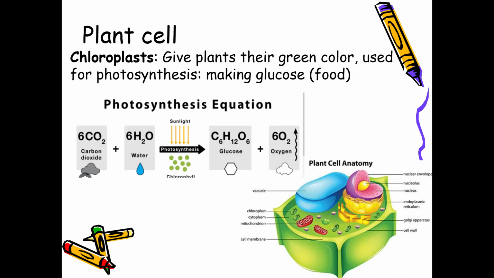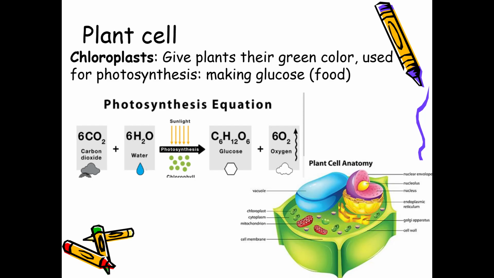And you should have photosynthesis written down in your notes, but it's been a while. So I would like you guys to write down chloroplasts give plants their green color. You could just say chloroplasts make plants green and needed for photosynthesis. Okay, so chloroplasts make plants green, needed for photosynthesis is what you're writing down.